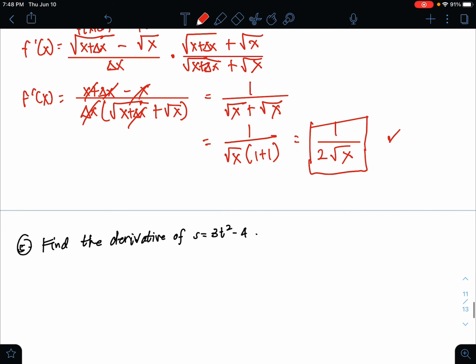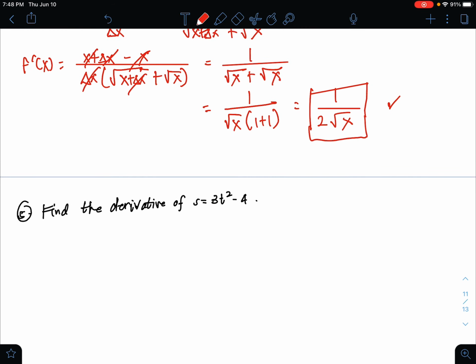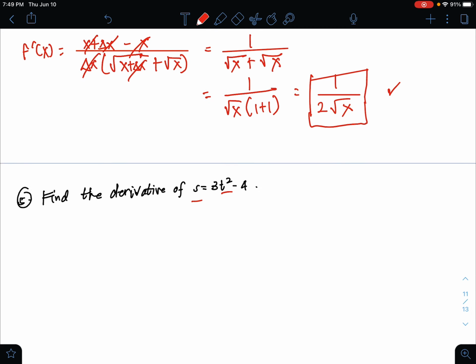Okay. And the last example, find the derivative of s is equal to 3t squared minus 4. So, kani siya, di na ni siya dy over dx. Lahi naman niyang domain. So, mahimo siya ds over dt. So, derivative of s, the change in s over change in t.